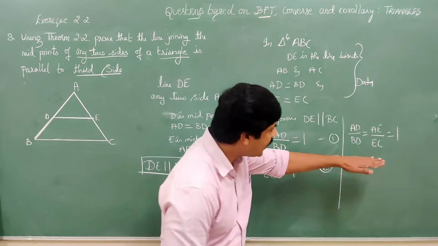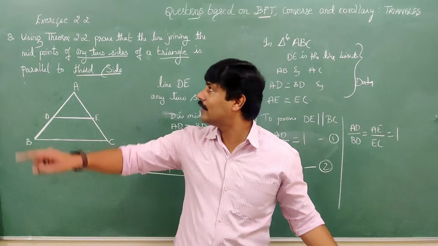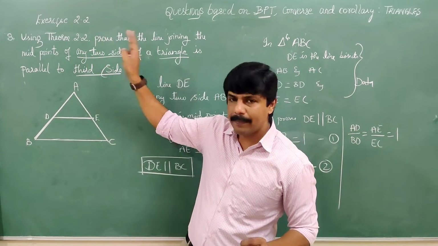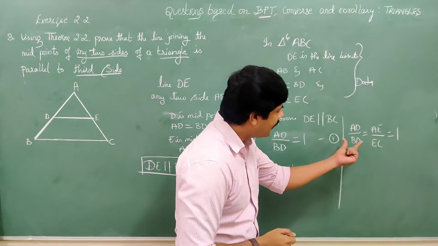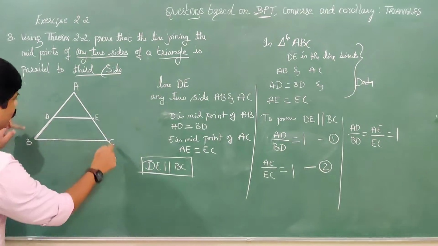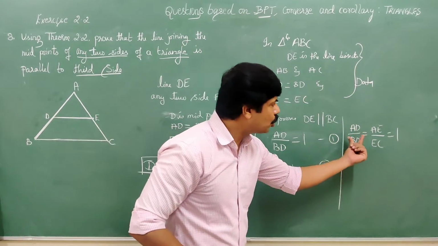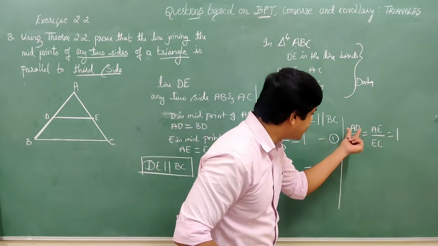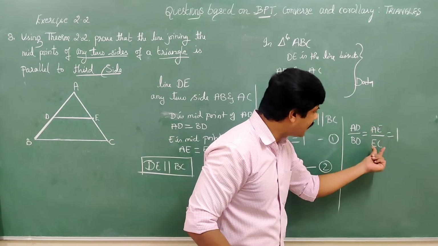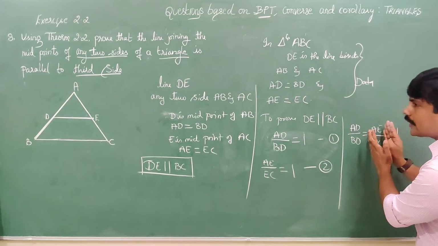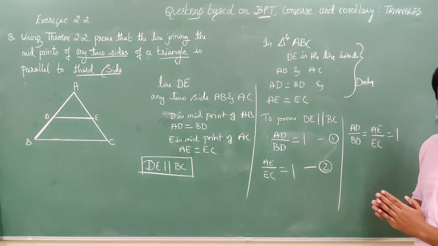Now from the converse of BPT, what is the statement? If two sides are divided in the equal ratio, here you can see that two sides are divided in the equal ratio. Why? Because AD by BD we got 1 and AE by EC we got 1, so we have equated AD by BD to AE by EC.